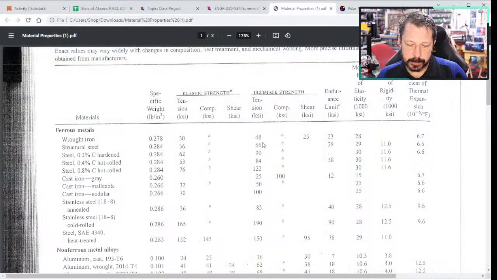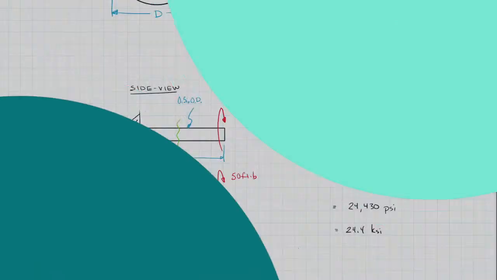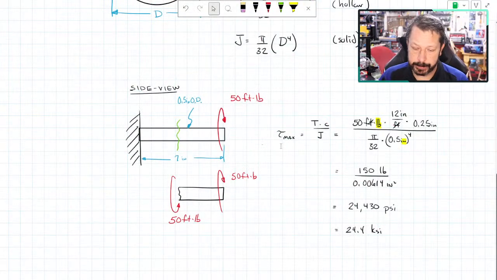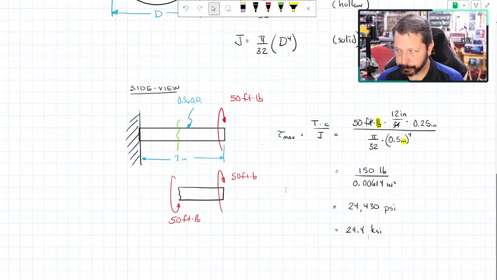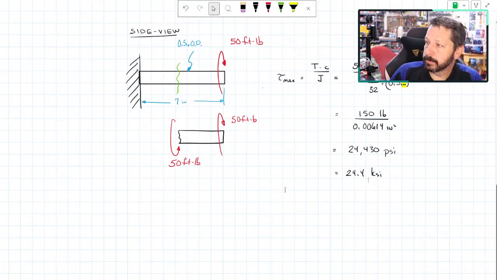The ultimate strength is 66 KSI. There's not a shear number there. We'll do the same thing where we take half, so 33. So we would not break it. We wouldn't exceed its ultimate strength, but we would permanently twist it to where it doesn't go back to its original shape. All right? I don't see any questions, so I'm assuming we're all right.